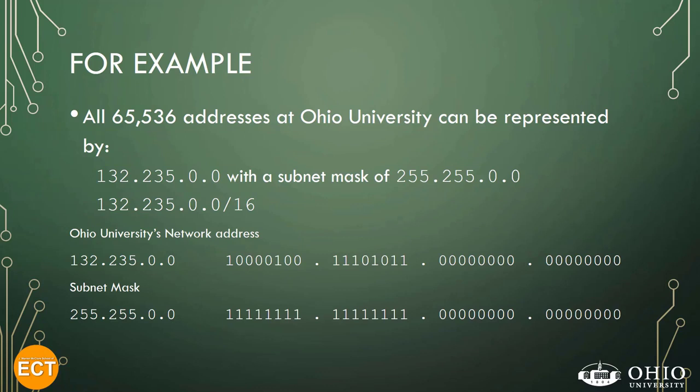So all of Ohio University's 65,000 addresses are represented by 132.235.0.0 with a subnet mask of 255.255.0.0, or simply written 132.235.0.0/16. And for reference, I've shown how these numbers are converted into their binary or dotted binary form.